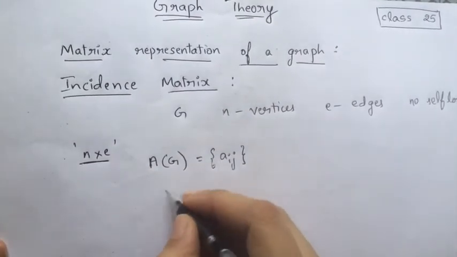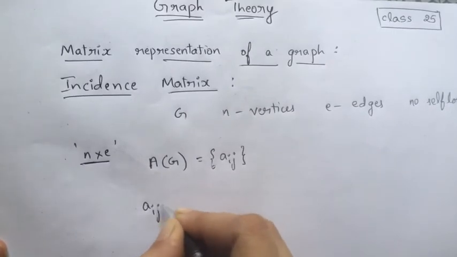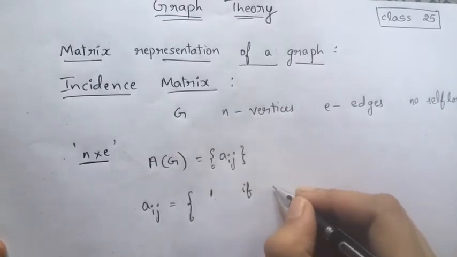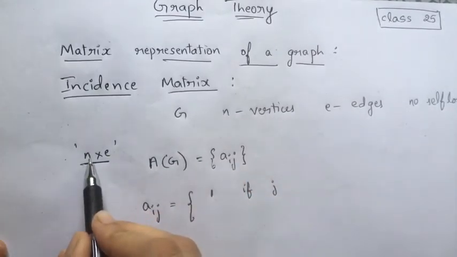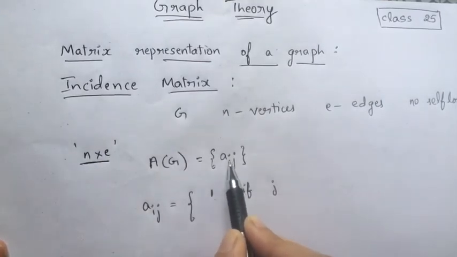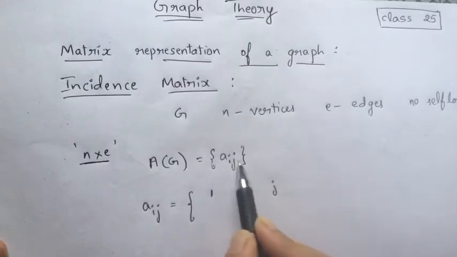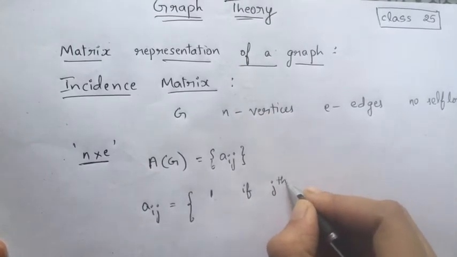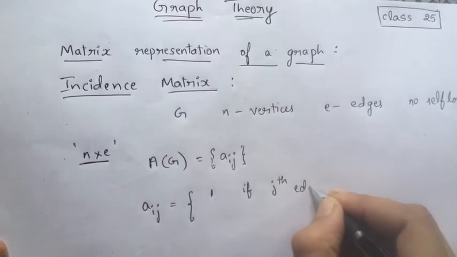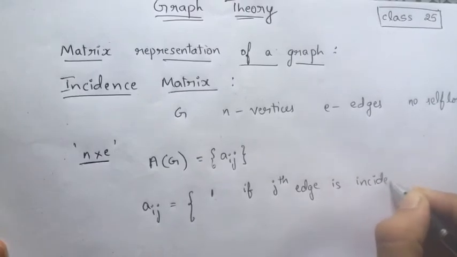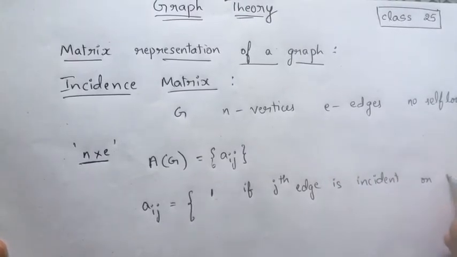Then each entry Aij is 1 if the jth edge is incident on the ith vertex.